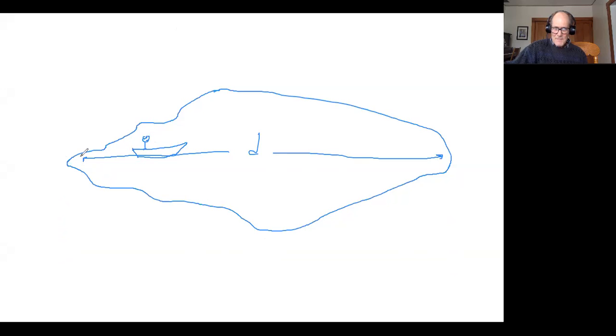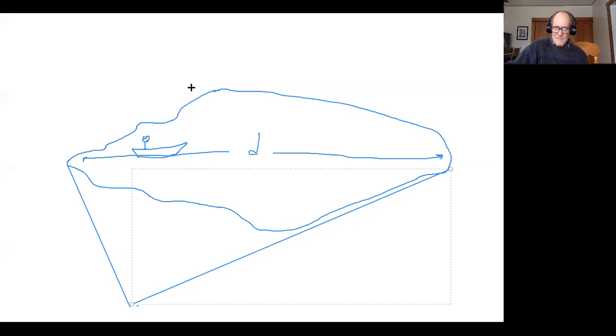Here's another way. This is a different way. We'll go from here and we'll go out till we're at a point where it seems like there's a right angle across the way. And then we'll go like that. That's about where it would be.